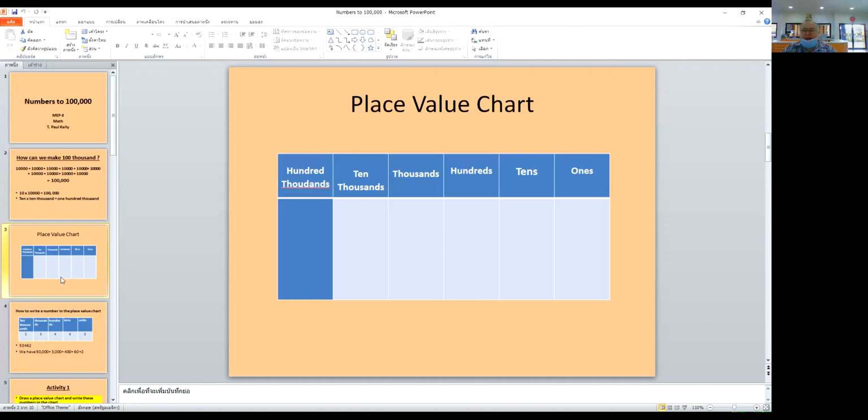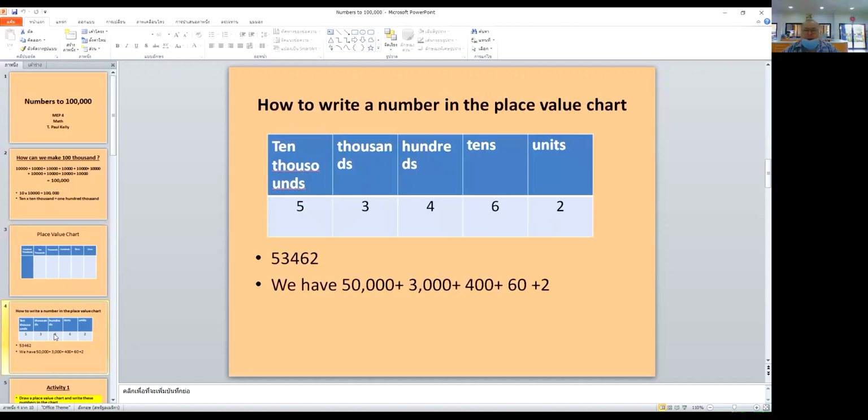So as the number gets bigger, we put the number under the heading. An example of that is our number, this one goes to 10,000: 54,462. So in our units, the number is 2.